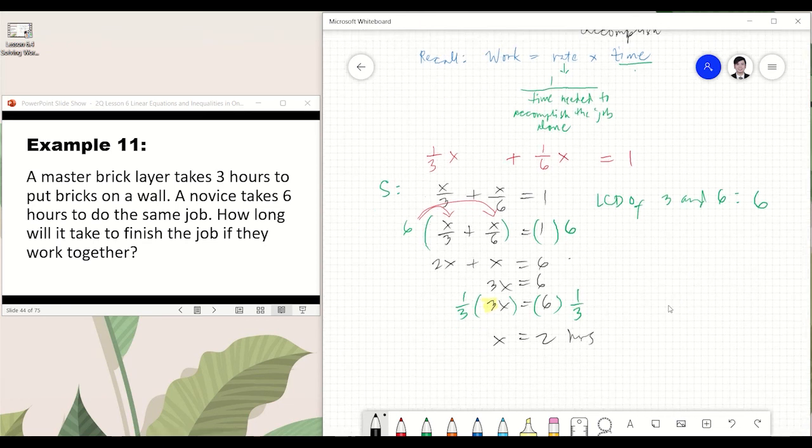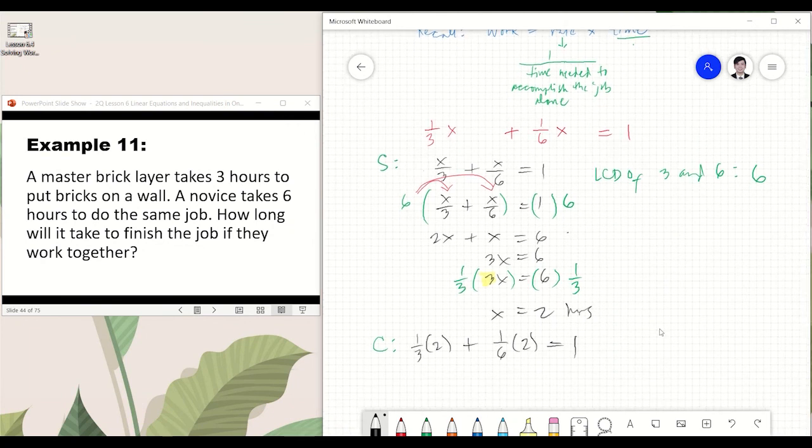But we still have to double check if our work is really correct. So, double check natin. So, for the master brick, that would just be, yung rate niya is again 1/3 times 2 plus yung rate ng ating novice, which is 1/6 times 2 is equal to 1.